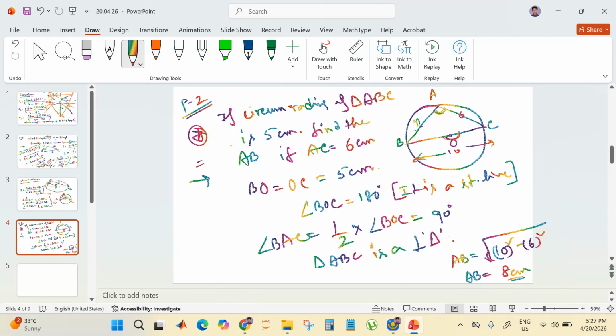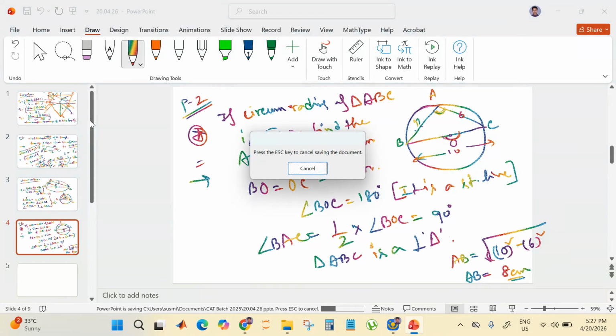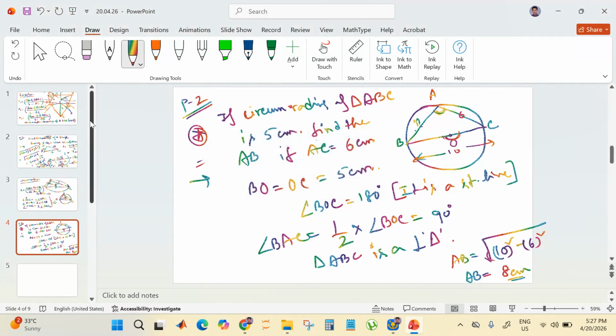So another piece of information regarding the circumcenter and the incenter.